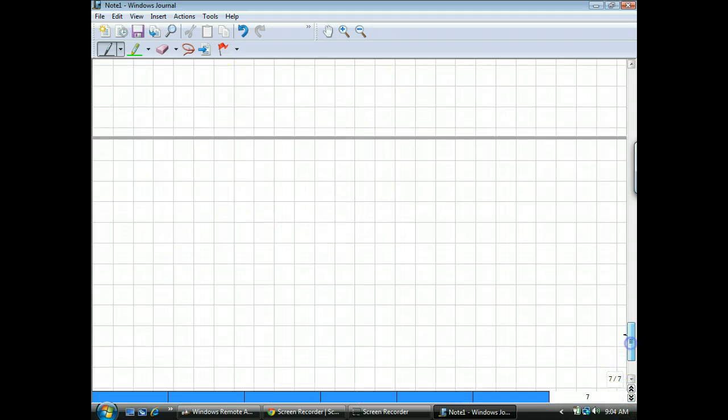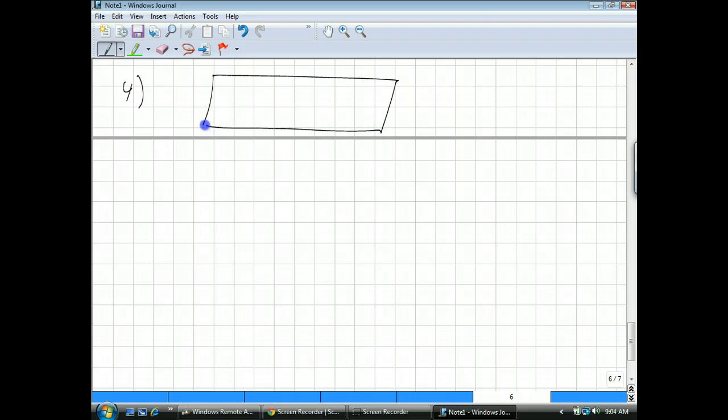Example 4. If I know this is 12, this is 12, this is 100, and this is 100. Okay, well, I don't know anything about this angle, and I don't know anything about that angle. I know this side is congruent to this side.